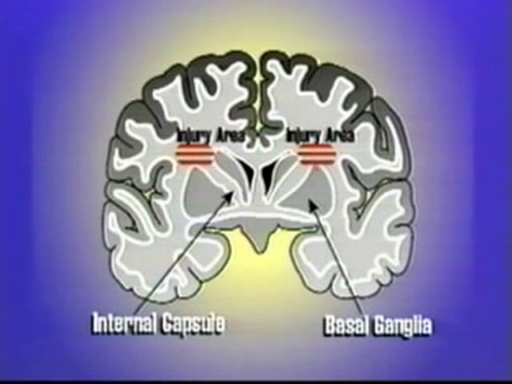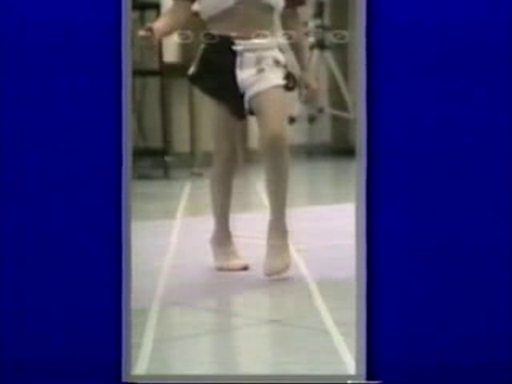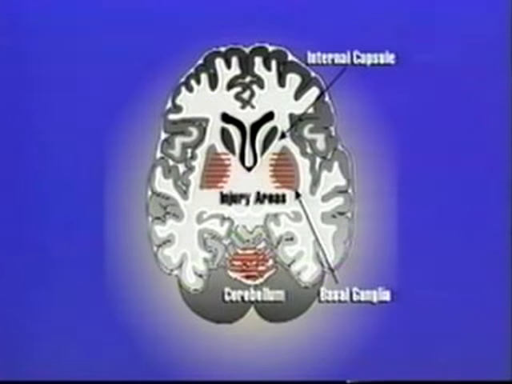Classification of cerebral palsy is usually based on both the location of the injury and the parts of the body affected. Injury to the pyramidal system results in spastic CP. Injury to the extrapyramidal system, or the cerebellum, results in athetoid or ataxic CP.